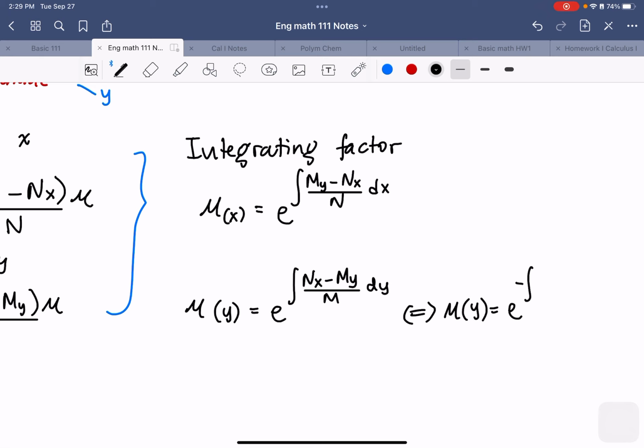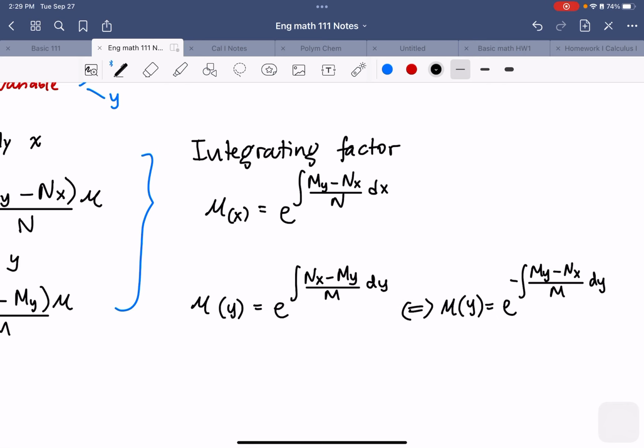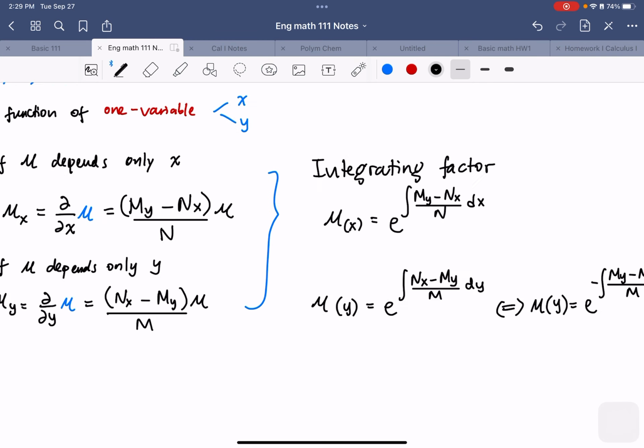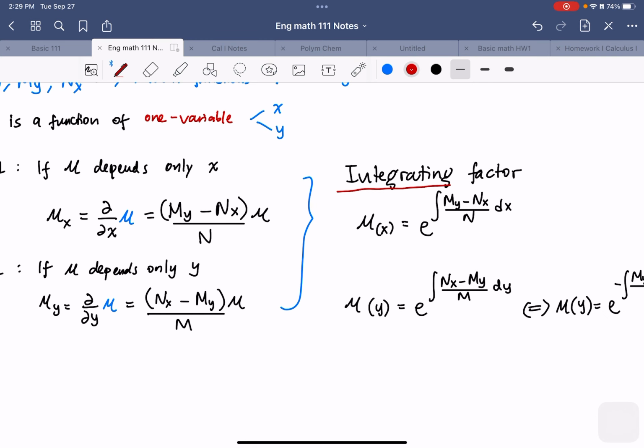Let me just take the negative and then write my minus nx divided by m dy.